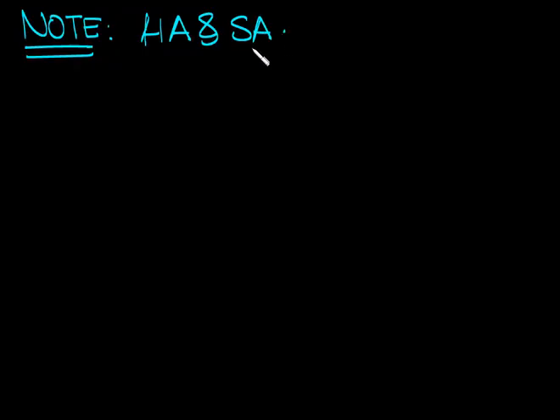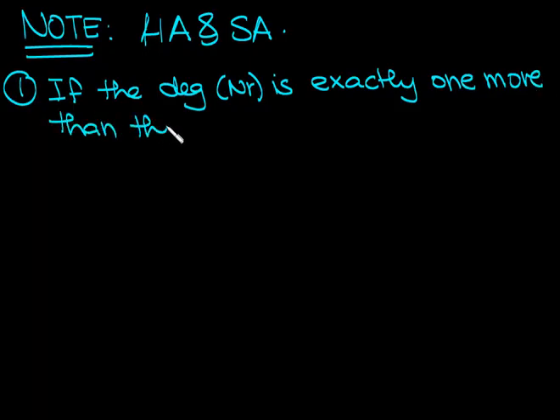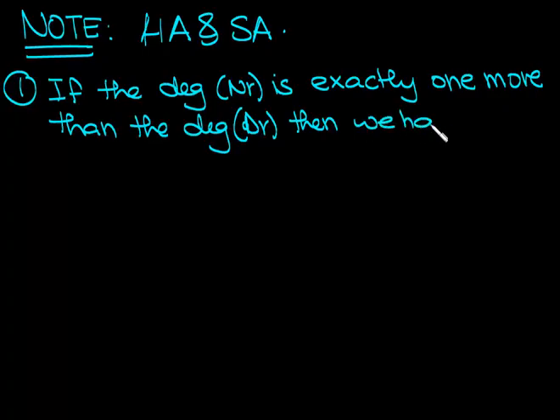Since you can only have one or the other, how do you know which one you have? If the degree of the numerator is exactly one more than the degree of the denominator, then we have a slant asymptote.